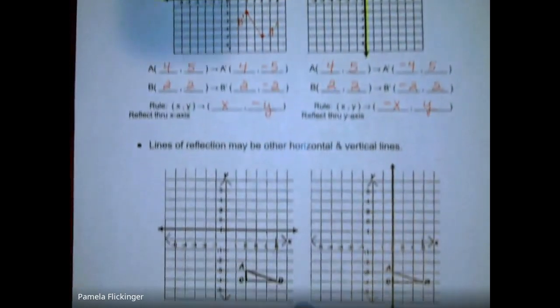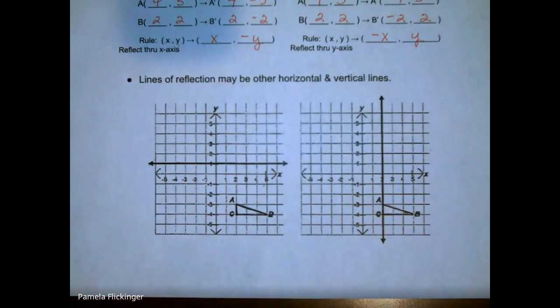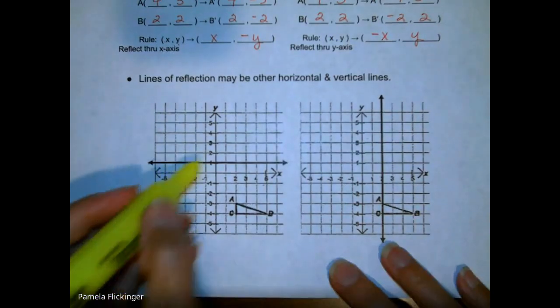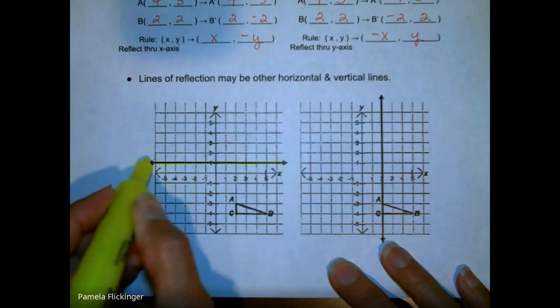Now, there are other lines of reflection. There could be other horizontal and vertical lines. Now, again, hopefully you can see where we've darkened in, there is a line going through the number 1 on the y-axis.